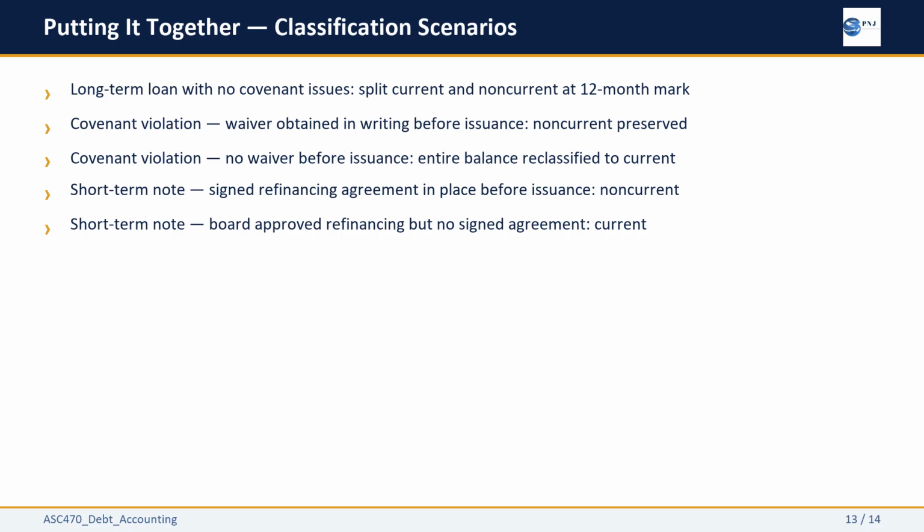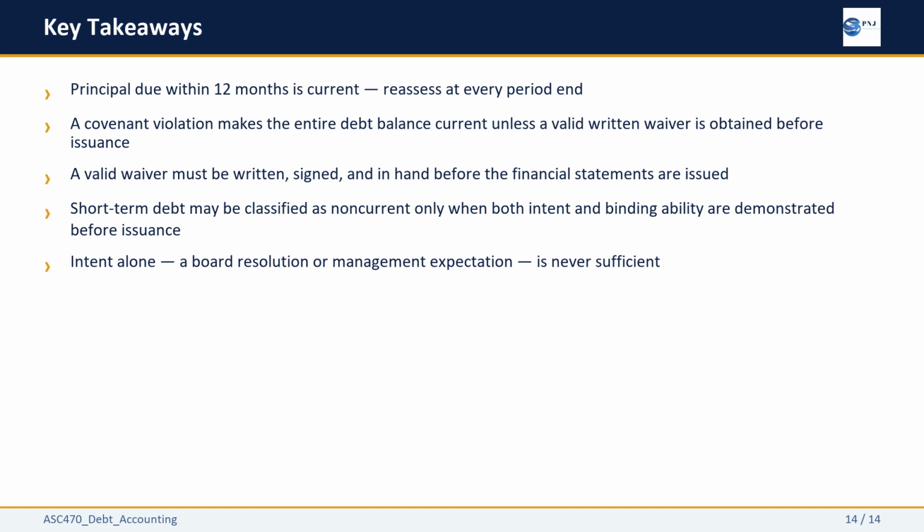Classify as non-current. A short-term note where the board approved a refinancing but no agreement is signed. It stays current. The common thread in every scenario is the same: documentation in hand before the financial statements go out. Let us close with the 5 rules that cover almost every situation you will face.